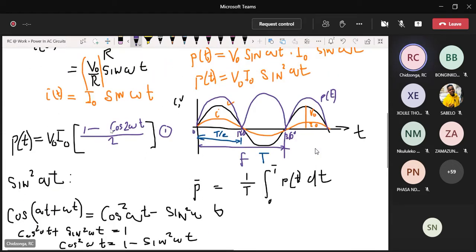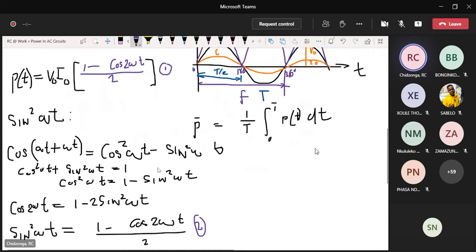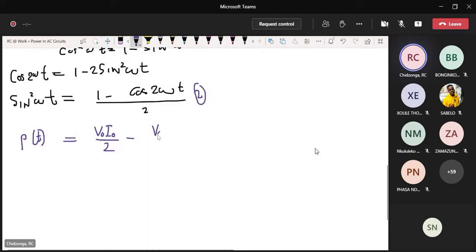Then minus V peak I peak cos 2 omega t divided by 2, minus V peak I peak over 2 cos 2 omega t.